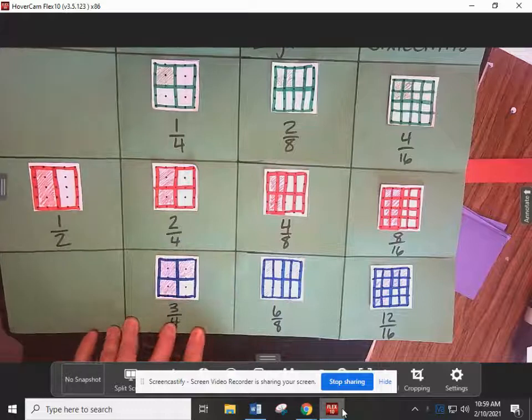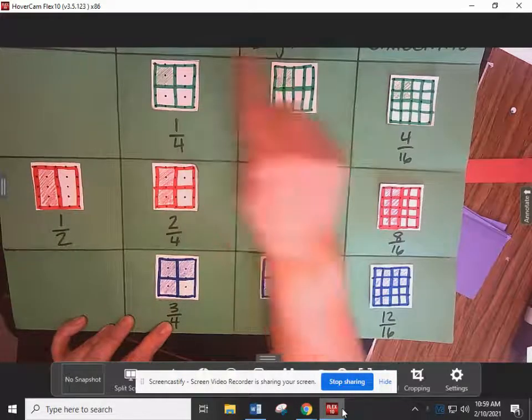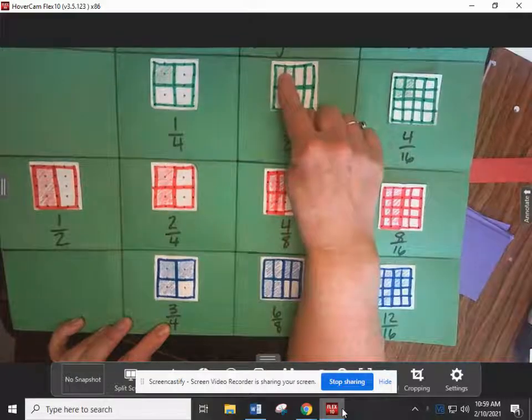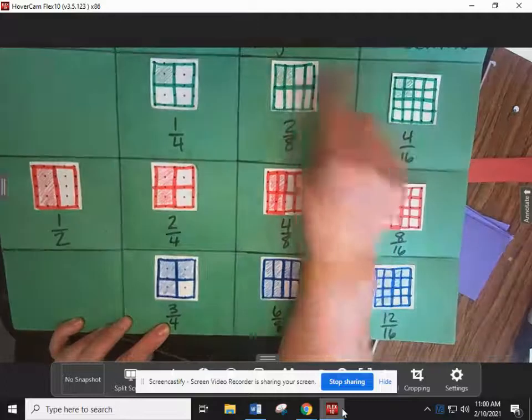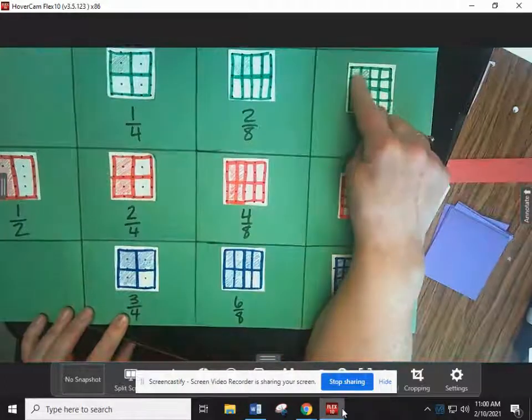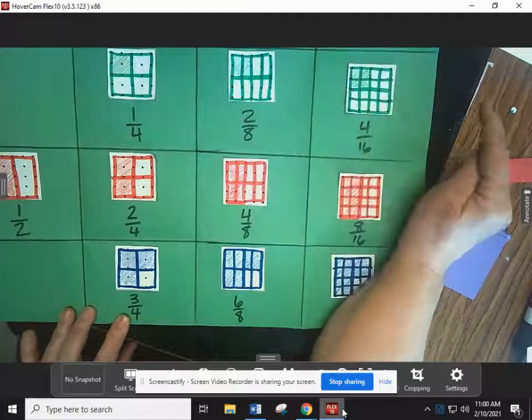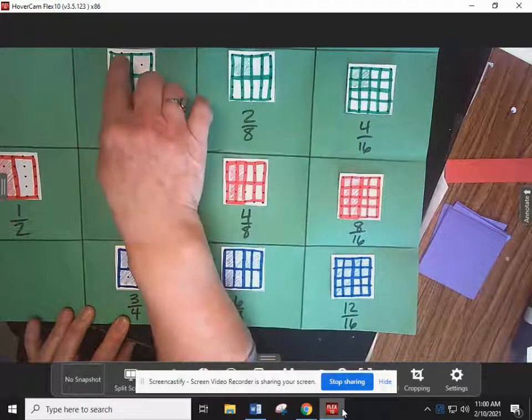We added our fractions. We noticed that if there's a fourth here, it's still a fourth, but the box has been divided in half, so we now have 8 pieces instead of 4. We looked at this, and this has been divided again, so now we have 16 whole pieces, but this is the same amount of green as this and this.